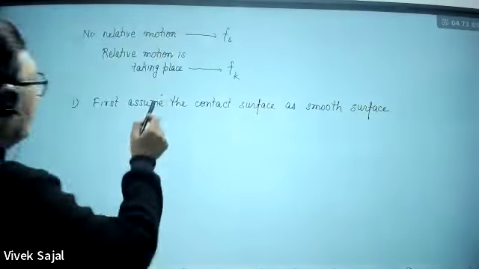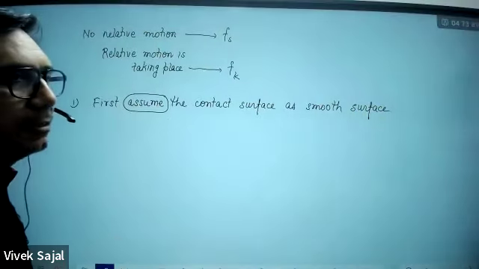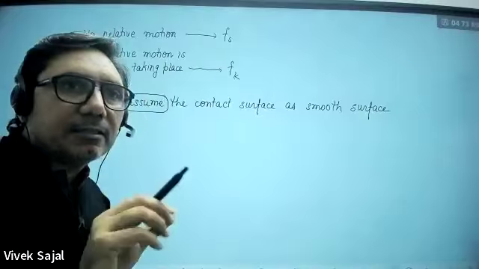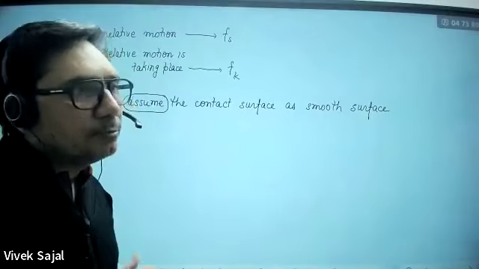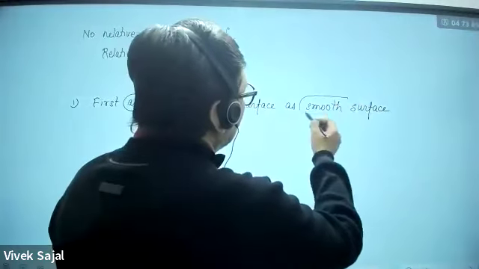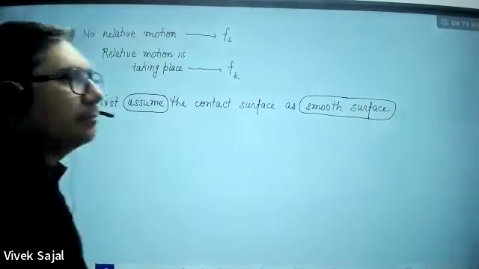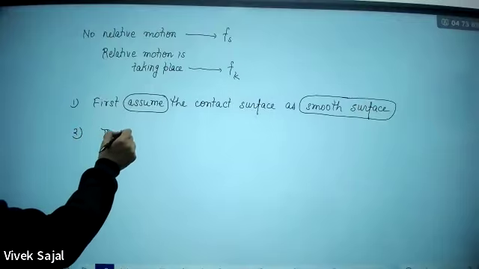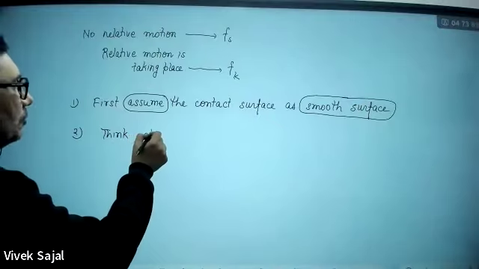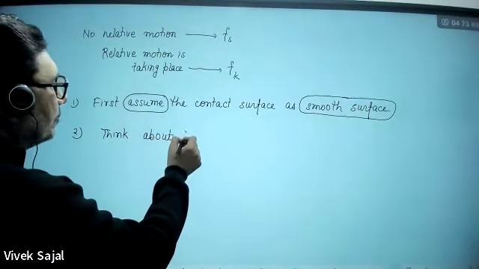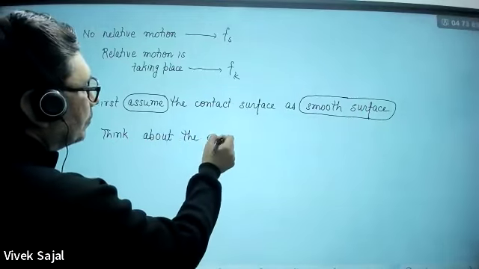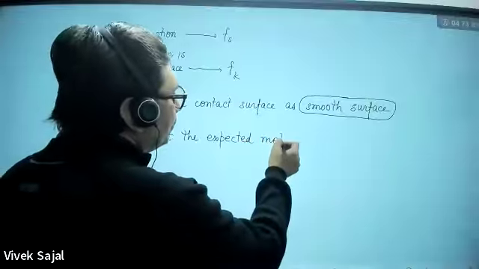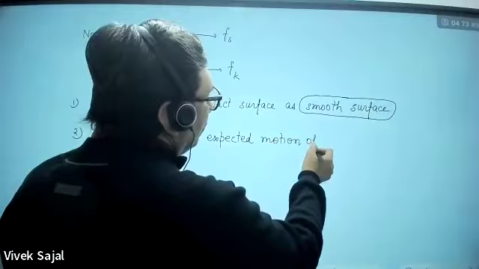I'm just assuming. I'm not saying that it is a smooth surface. That is a frictional, rough surface and friction force will be there, but just assume that this is a smooth surface. So by assuming a smooth surface, think about the expected motion of both the blocks.